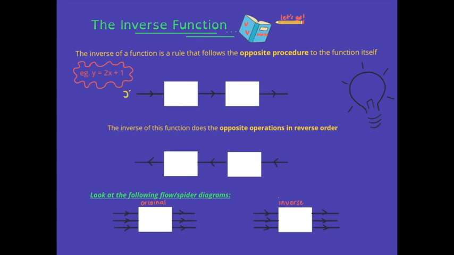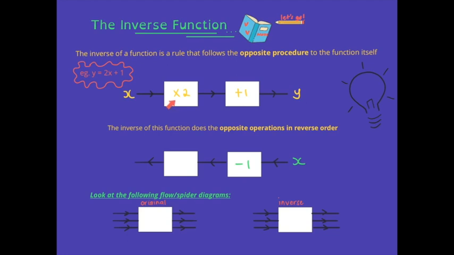Let's start off with the original function. My input, x, gets multiplied by 2, to give me 2x. I add 1, and this gives me my output value, y. Now, the inverse of y is equal to 2x plus 1 does the opposite operations in reverse order. So what does that mean? I take my input, x. In the original function, I added 1, so now, in reverse order and doing the opposite operation, I subtract 1 from x.